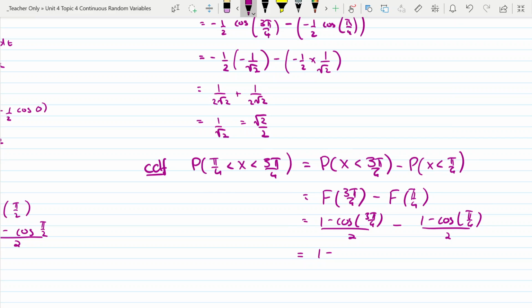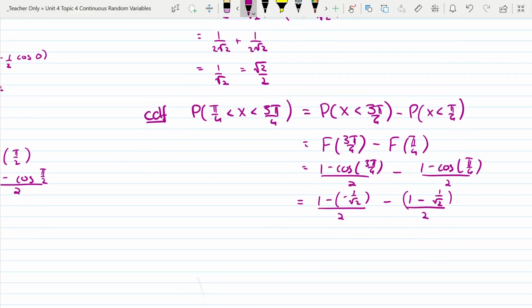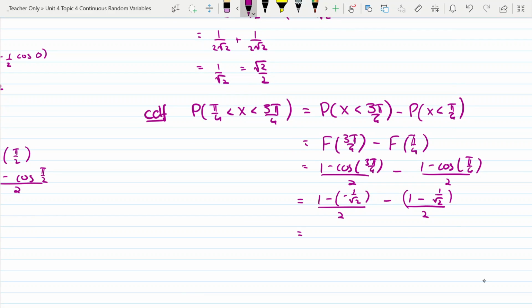And that's going to look like a far worse fraction than the other one. And when we simplify all of that out, we end up with 1 plus 1 over root 2 minus 1 plus 1 over root 2 over 2, and that's 2 over 2 root 2, which is exactly the same, 1 over root 2, which is root 2 on 2.